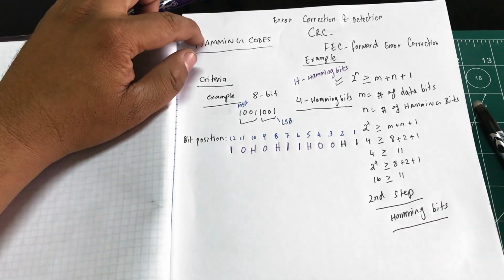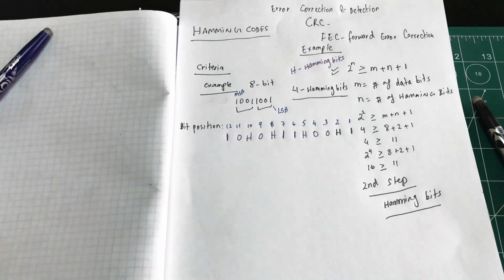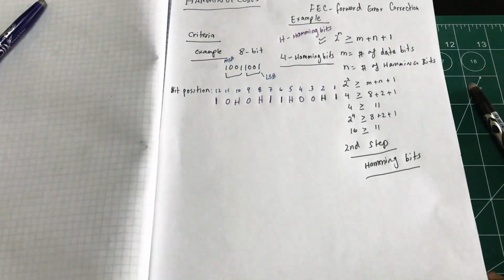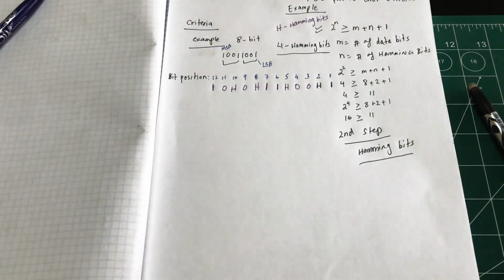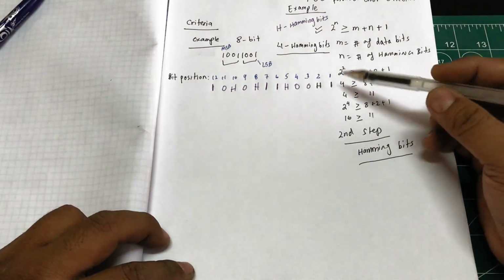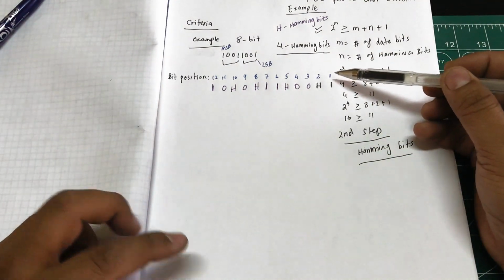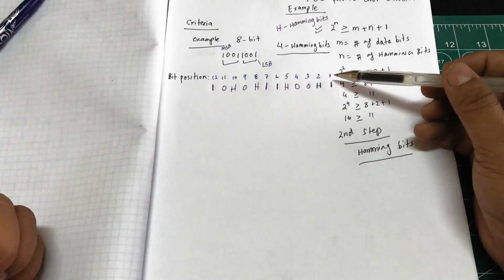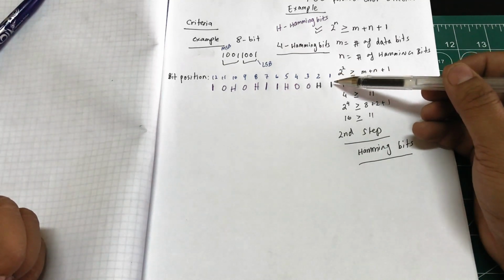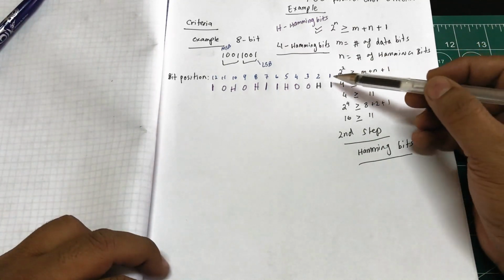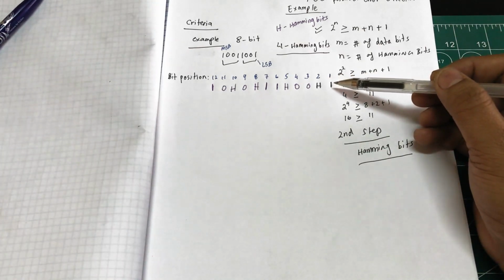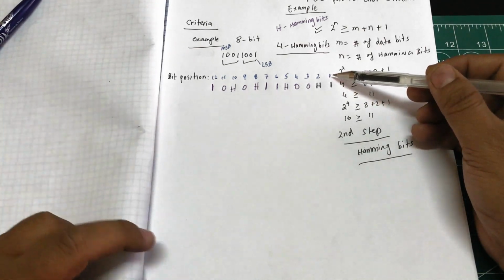All right, the way I'm going to compute the Hamming bits is this. I'm going to take the bit position where I have 1. So where do I have my 1? First occurrence of 1. This is in bit position 1.